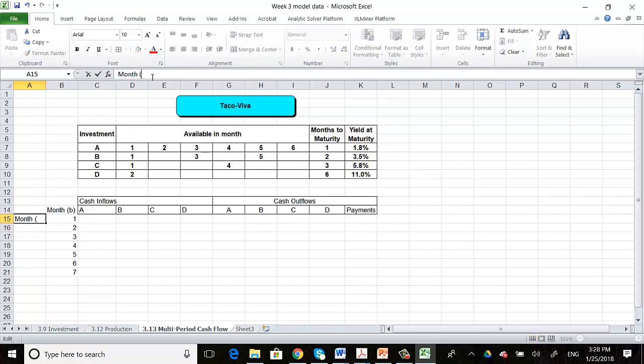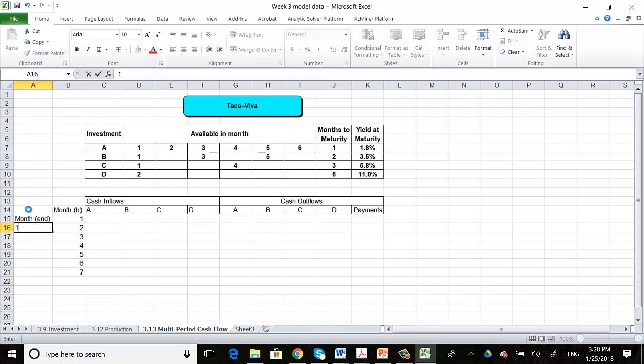It automatically changed it for me. Here, 1, 2. It helps when we put the beginning and the ending, so we won't confuse ourselves.